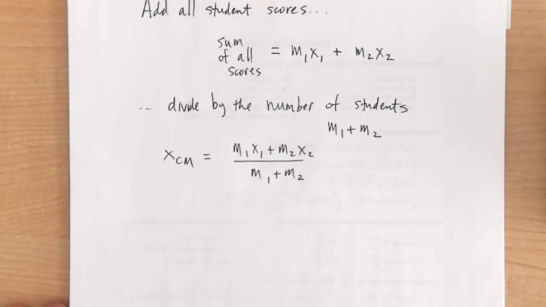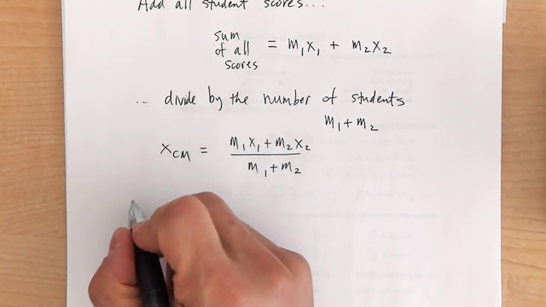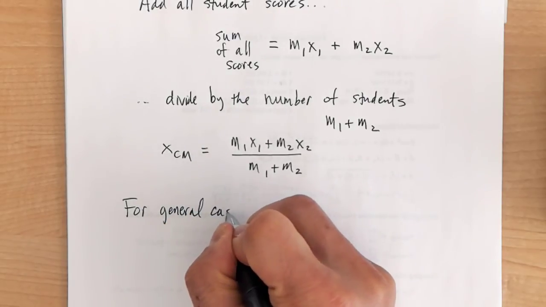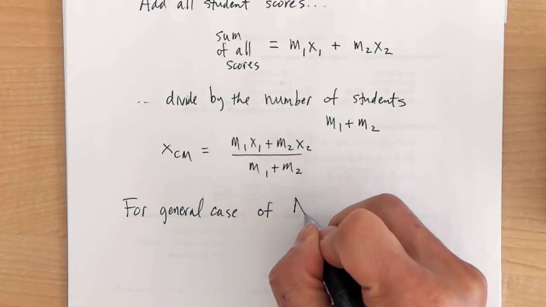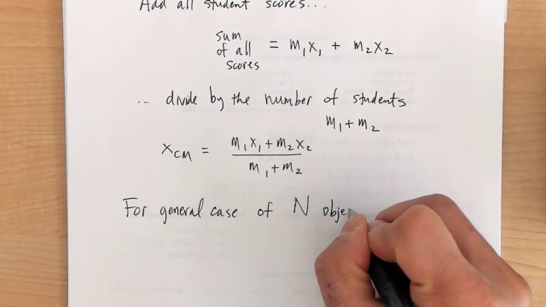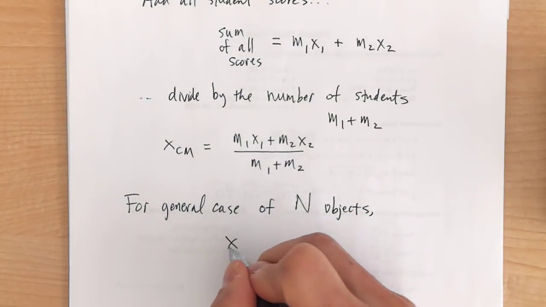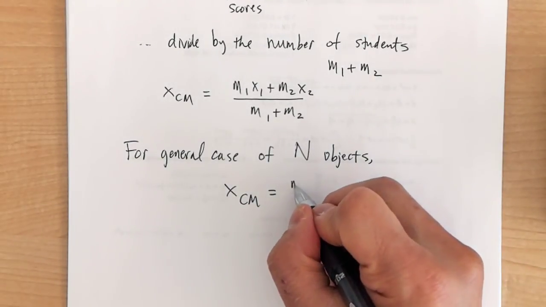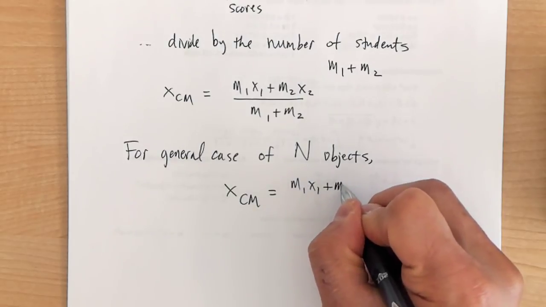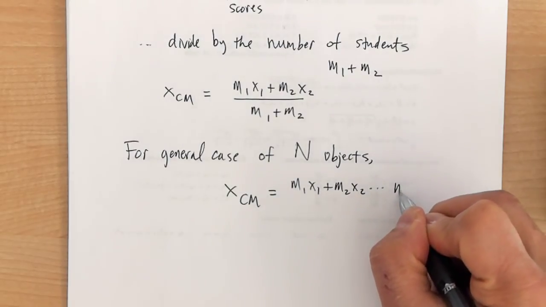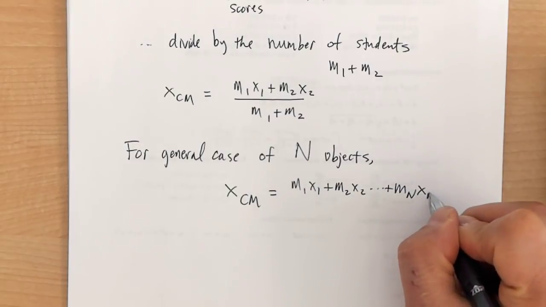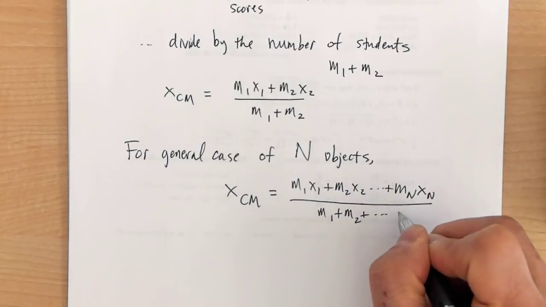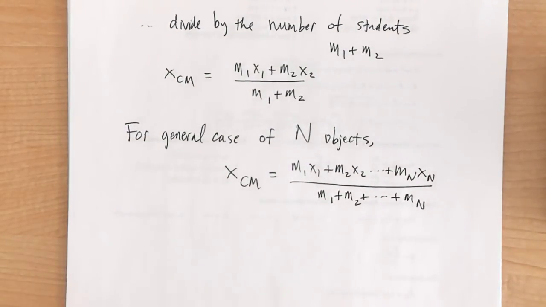All right, so hopefully this formula makes some sense now. Now for the general case of N objects, capital N objects, rather than just 2 objects, we have x center of mass equal to m1 x1 plus m2 x2 dot dot dot to mn xn divided by m1 plus m2 dot dot dot to mn.